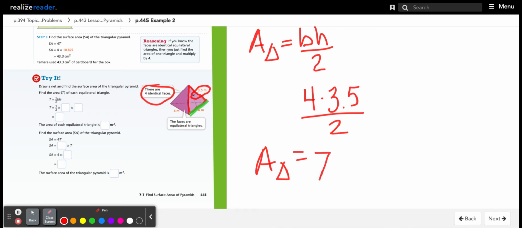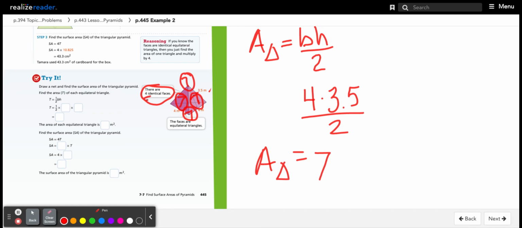Okay, so that just tells us that 1 face is 7. Well, if I have 1 face of 7 there, another face of 7 here, I have 7 on the back and 7 on the bottom, that means that I have 4 triangles with an area of 7, right?